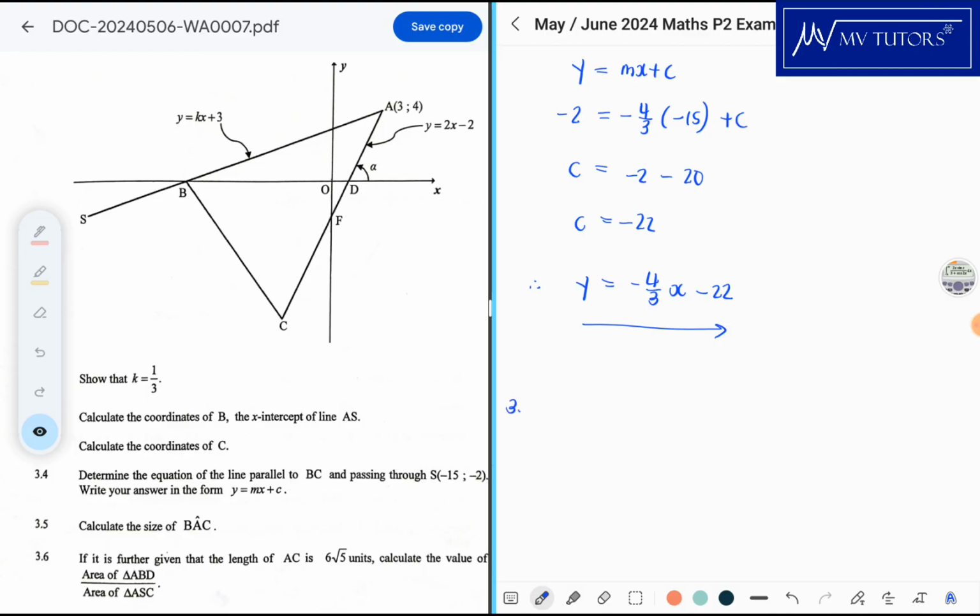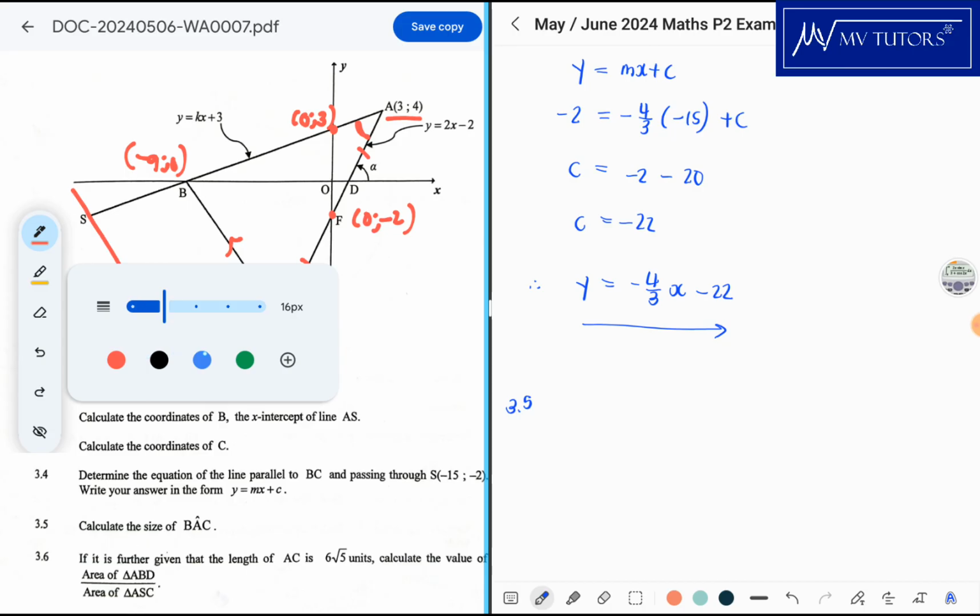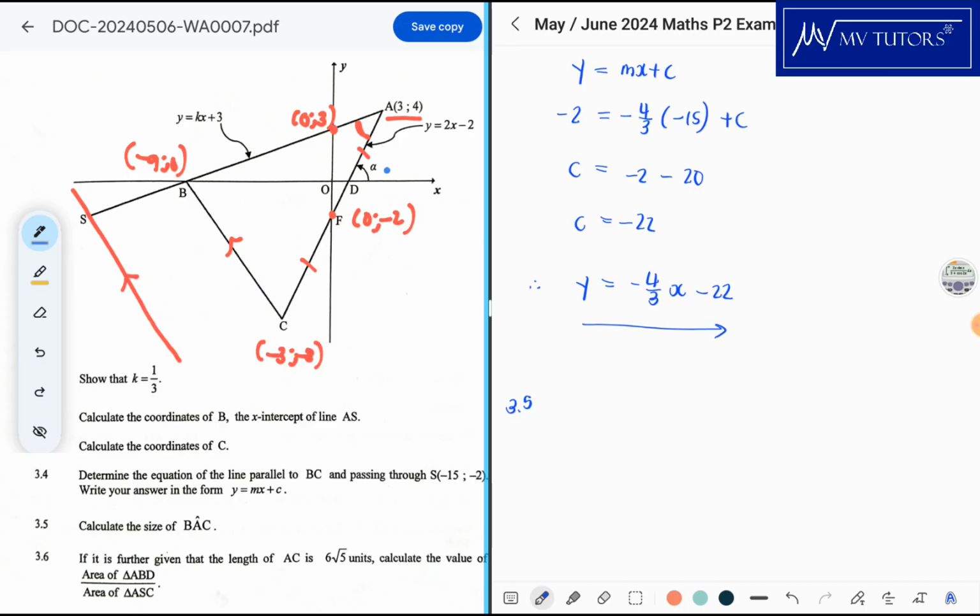Now 3.5. It says calculate the size of A in BAC. So basically, what is this over there? What I'm going to start with, if I can get alpha, let's just use a different pen color. If I can get alpha, then I can get this angle inside.